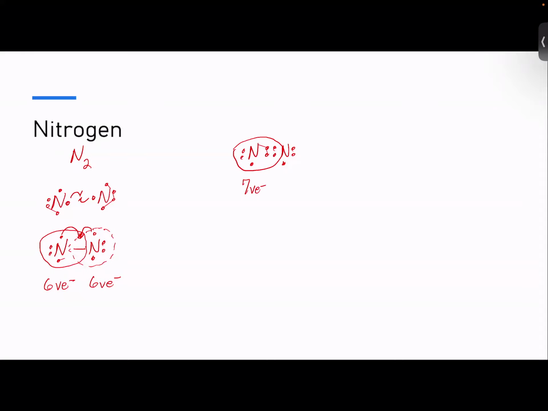There are 4 that are shared between the two nitrogens and 3 that are owned by the nitrogen by itself. The nitrogen on the right also views itself as having 7 valence electrons, 4 that are shared between the two atoms and 3 that are owned by itself. Again, we have not achieved an octet. So the nitrogen is going to share another pair of electrons between the two atomic nuclei.